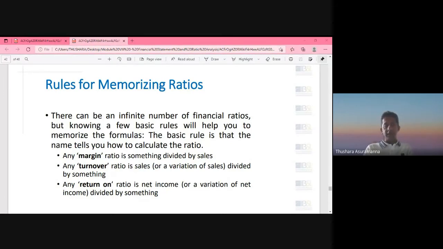It is very easy to memorize in case you do not have the particular ratio in your mind at the time of computation.